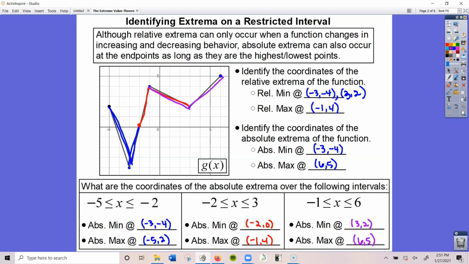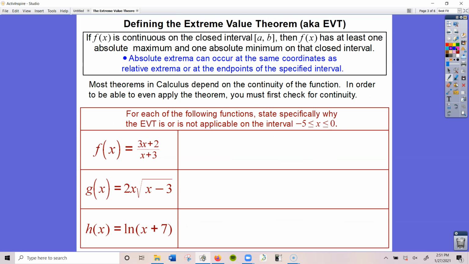Now let's examine the extreme value theorem. Every theorem has conditions, something that needs to be true in order for you to apply that theorem. For the extreme value theorem, also known as EVT, the one condition is that f of x has to be continuous on the closed interval a to b.